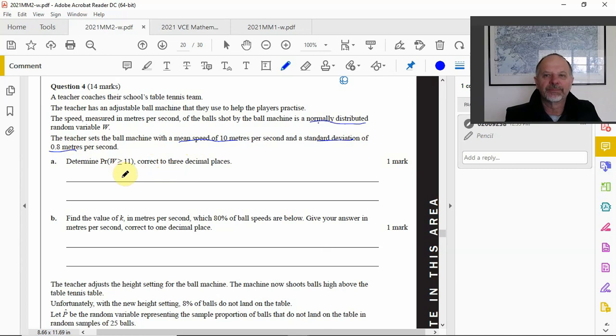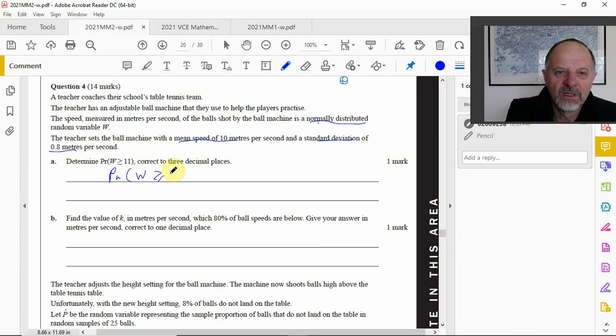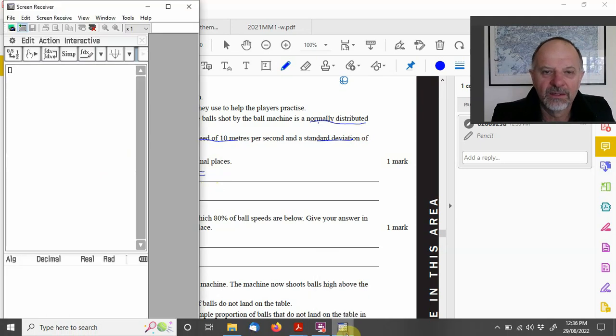All right, so let's see how we go here. The probability that our random variable is greater than or equal to 11, where the random variable is the speed of the machine. So we need to get our calculators out and use that.